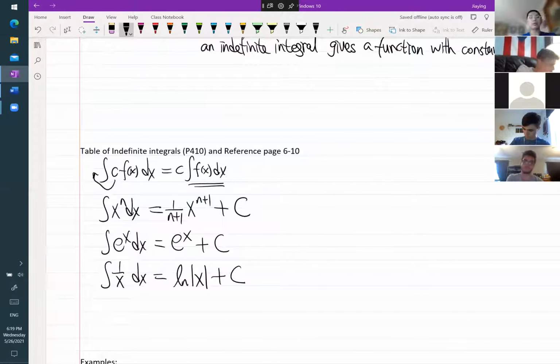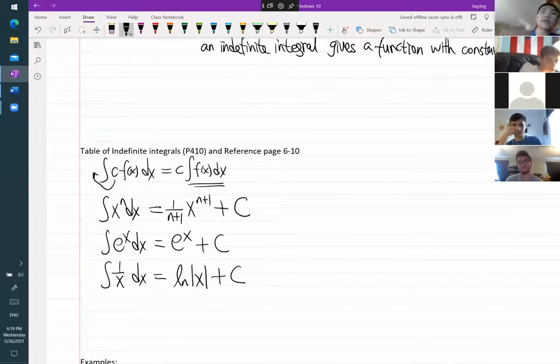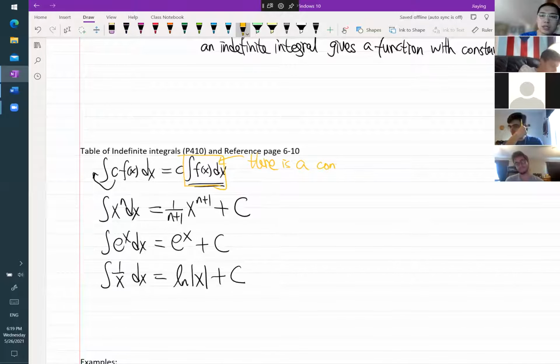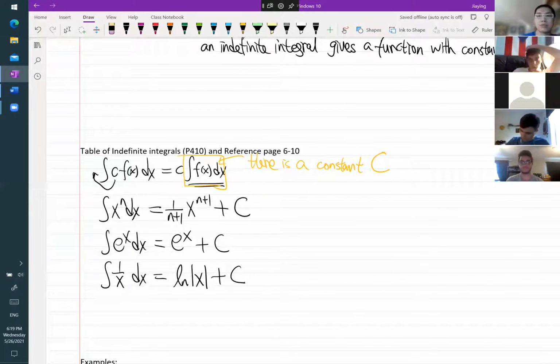So whenever you work with indefinite integrals, there's always this constant. The first one I didn't write it, but if we were to evaluate it, there's also a constant c there, different from the constant coefficient, just another constant c after we evaluate the integral.